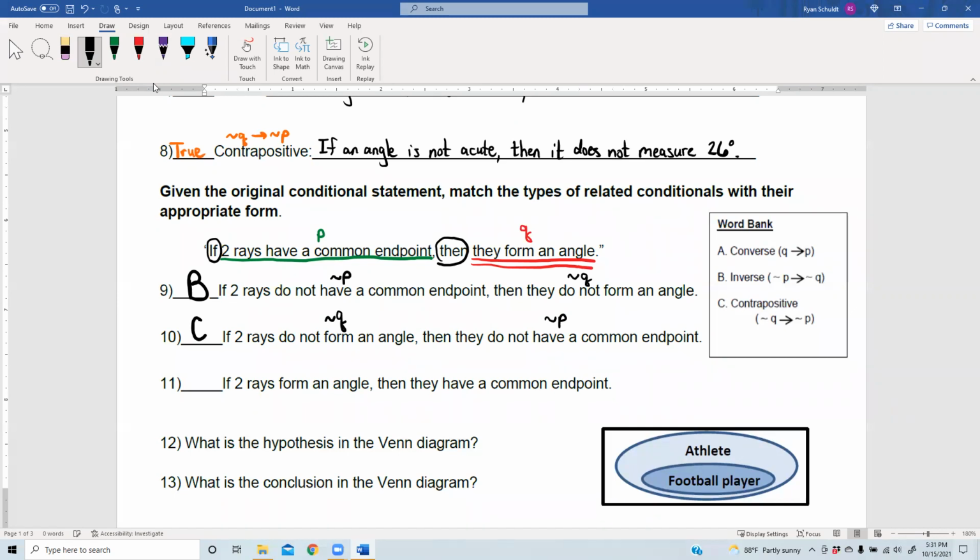This is going to be C. If two rays form an angle, there's our Q, then they have a common endpoint. There's our P. So if Q, then P. That's our converse.